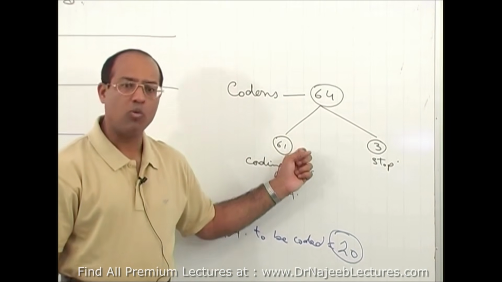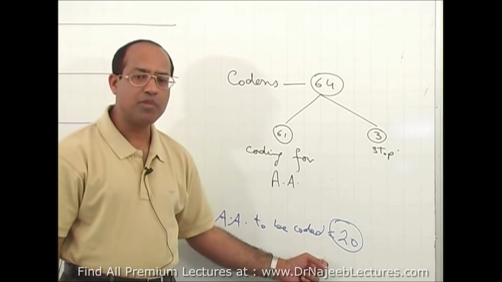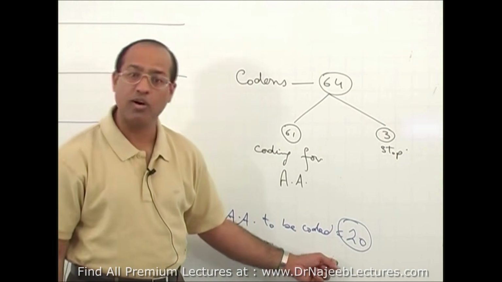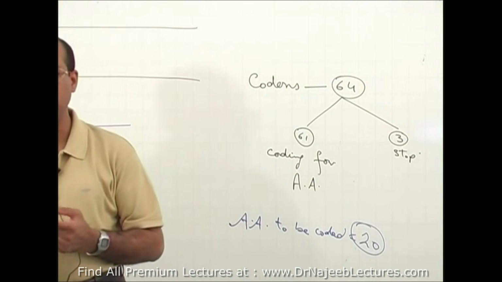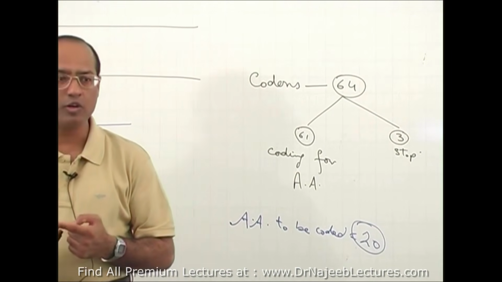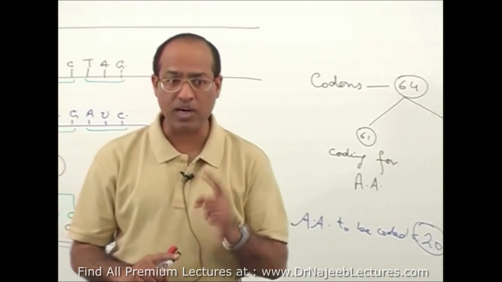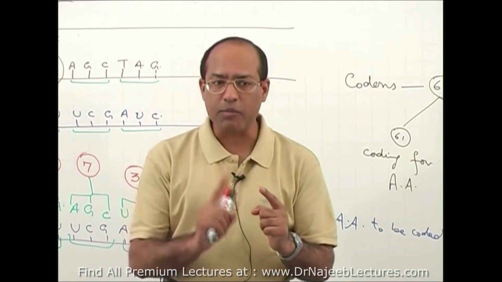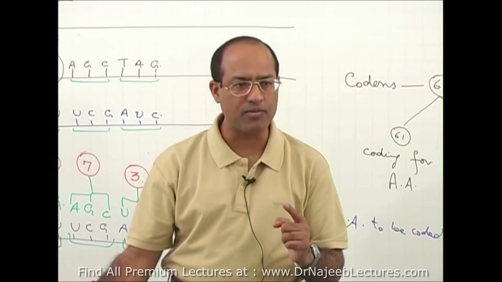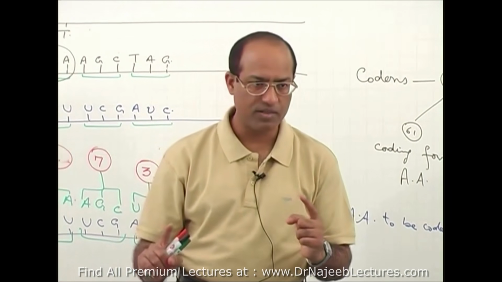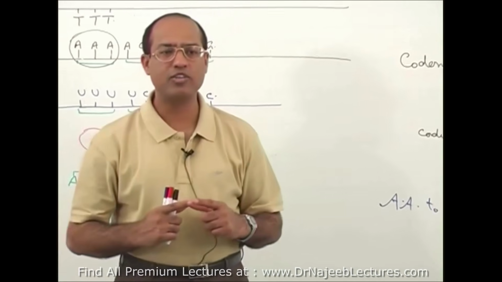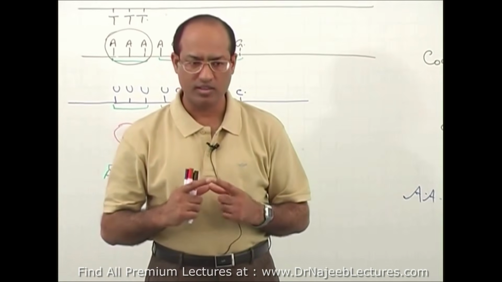It means one amino acid may be coded by more than one codon, but still a particular codon is kept specific for a particular type of amino acid. Is that right? This concept is called that genetic code is redundant.